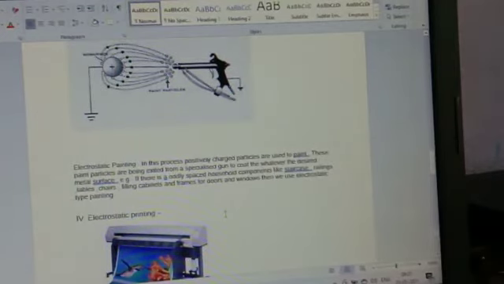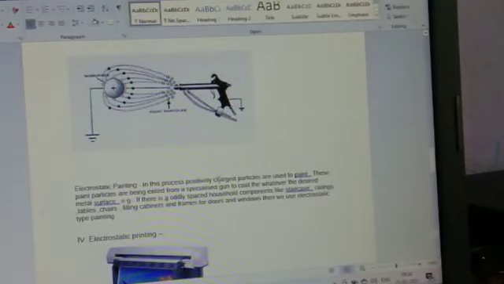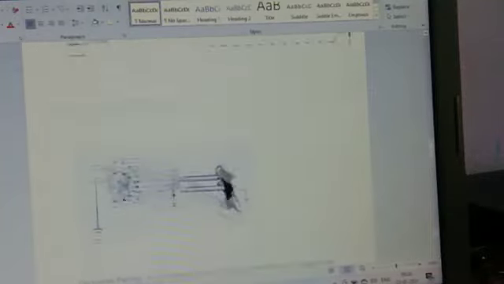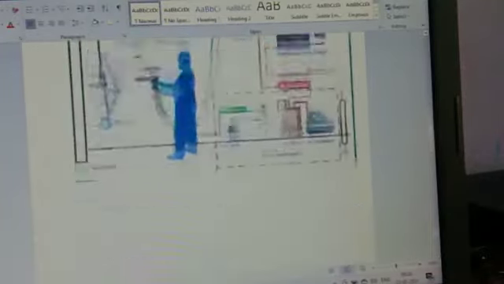Then we use electrostatic painting, because even if there is a rough surface and some cavity inside, we can easily paint through electrostatic painting.